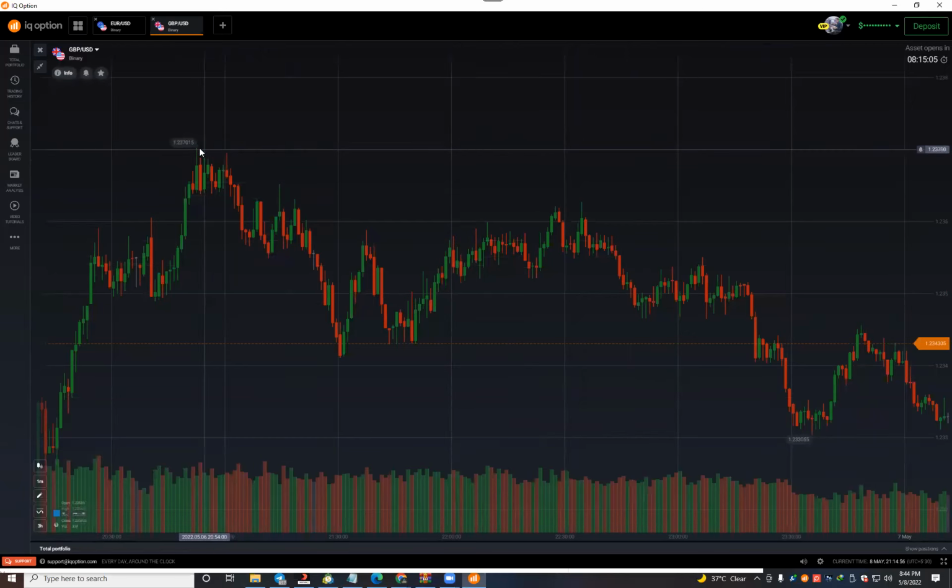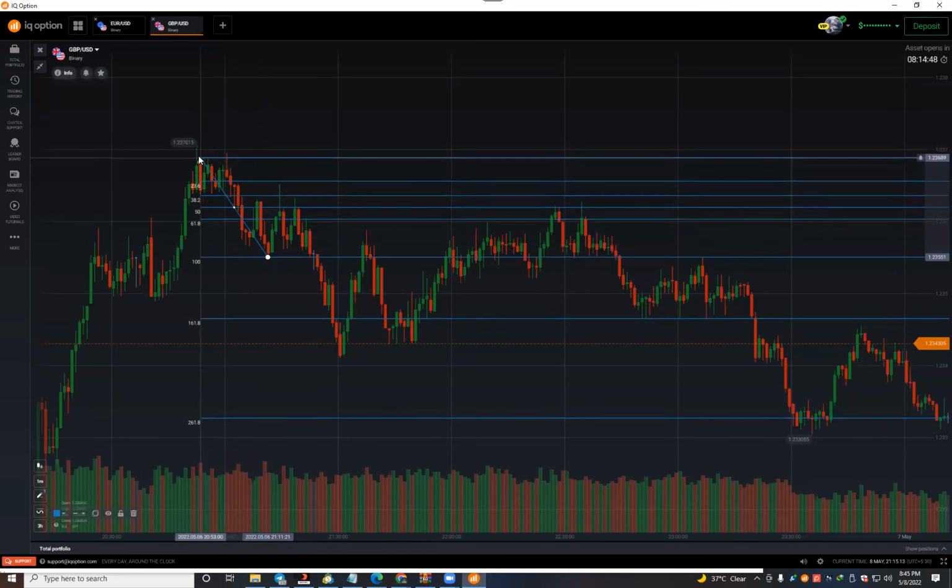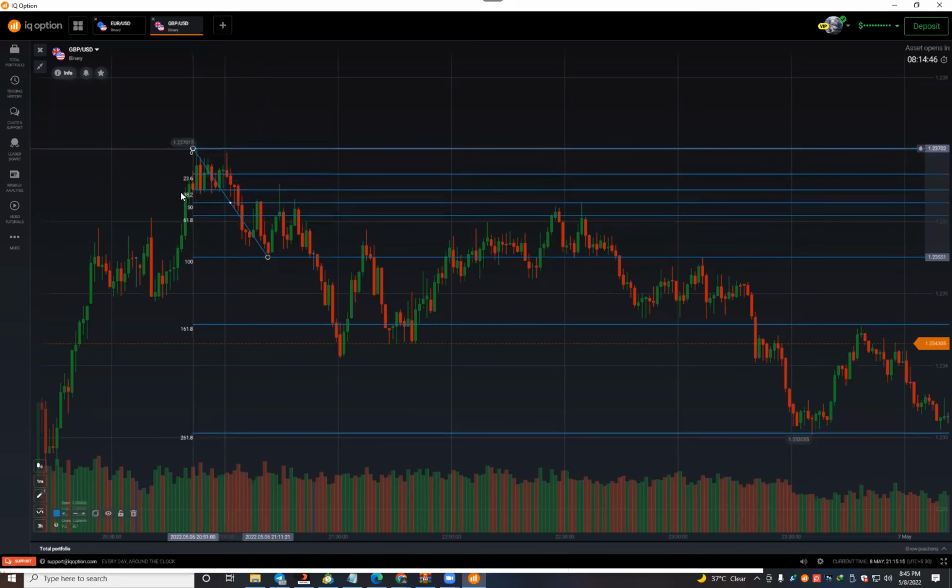For example, price is in a downtrend, where we need the levels at the downside. So what we will do, we will select a low first and then we will select the high last.